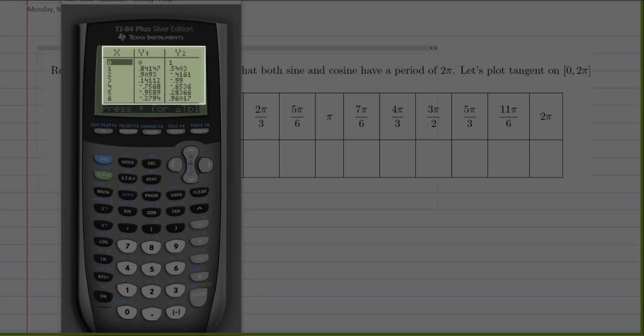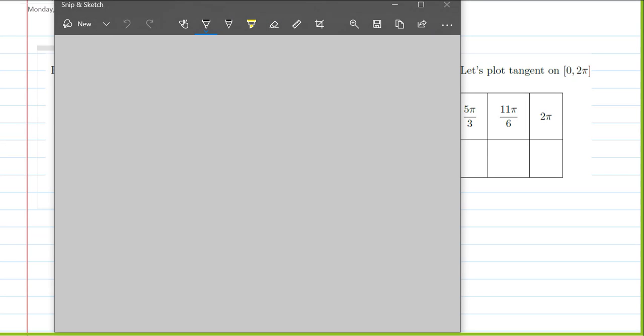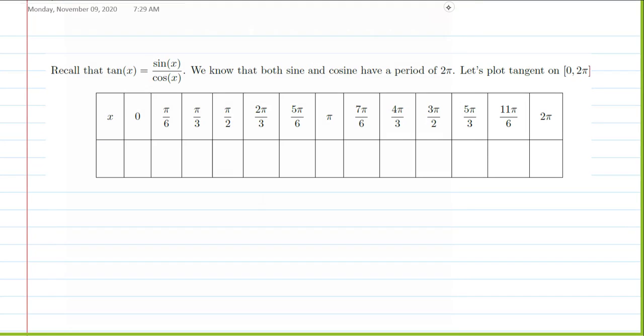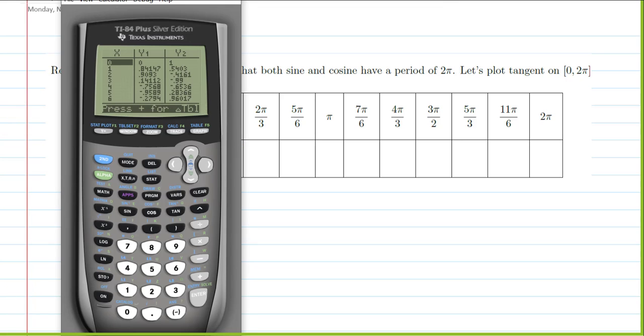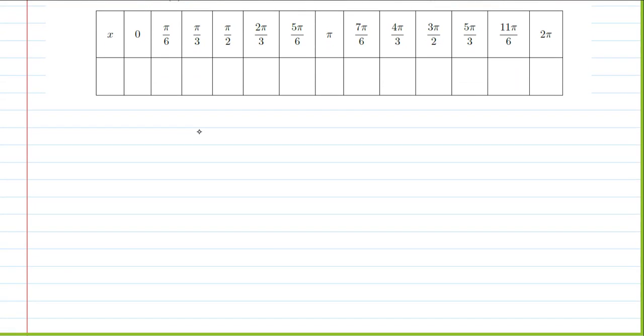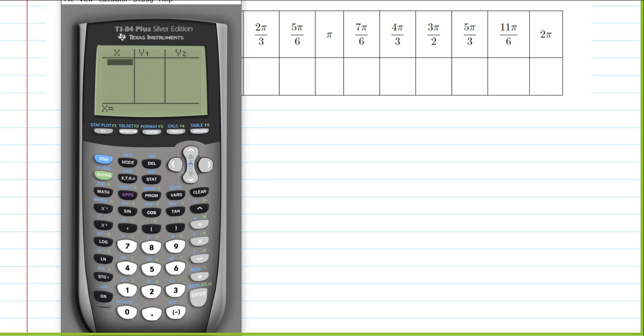The first column is my x's, so let's change this. We're going to go second table set, go down here and change it from auto to ask. So now when we go second table, it's going to ask us to actually input the values we want to calculate.